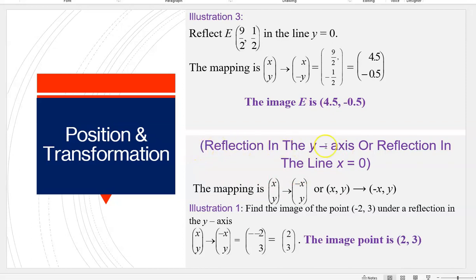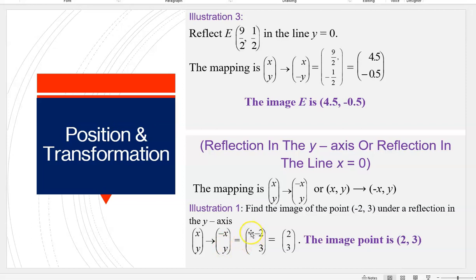Then we come to reflection in the y-axis or reflection in the line x equals 0. The mapping is xy maps to negative x, positive y. Illustration 1. Find the image of the point negative 2, 3 under reflection in the y-axis. This is the mapping. xy maps to negative x, positive y.